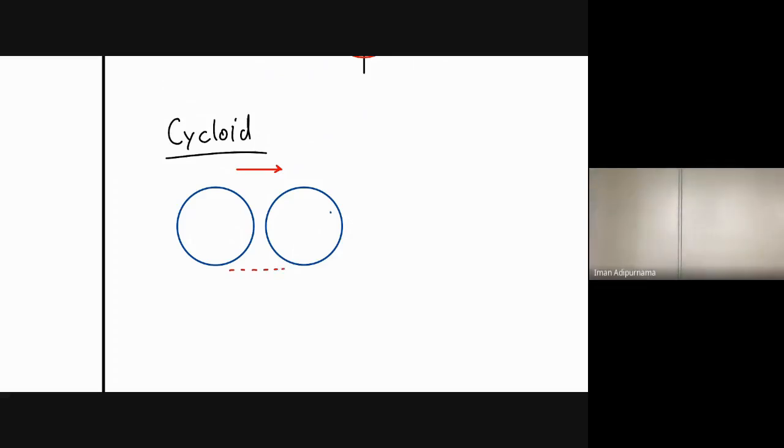So imagine the tire is rotating, and it moves to the second position. So imagine it's rotating and then moving. It actually has a lot of circles, but I just want to show you two.